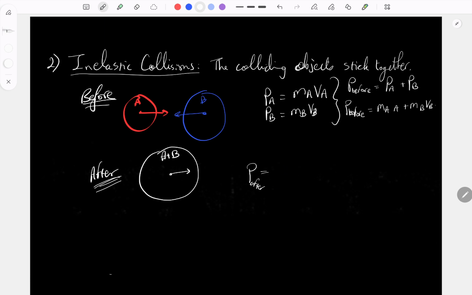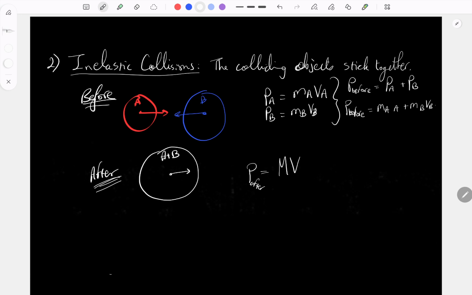Similar to the previous question, we summarized the momentum after the collision as a capital M, capital V. This is exactly what we're doing. So you can write it that way as well. You can say that the momentum after is capital M multiplied by capital V. Or if you want to be more specific, you can say that it's mass A plus mass B, all multiplied by the velocity of this object. So it's up to you really. I will not mind. It can be capital M, capital V as well.